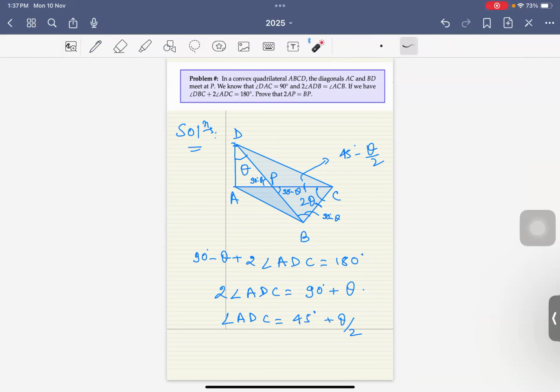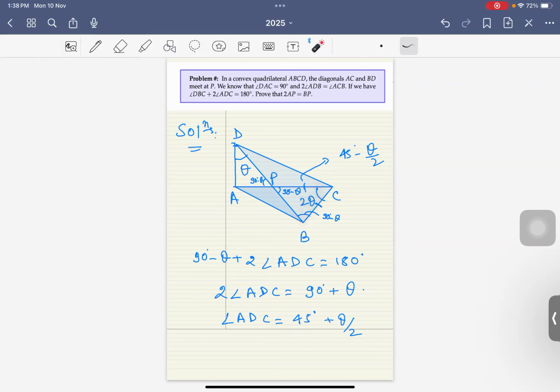Now you can see that this is 45 degrees minus theta by 2, this is 2 theta, this is 90 degrees minus theta. Using the angle sum property, this angle plus this angle must be 180 degrees. This angle is 90 degrees minus theta and this is 2 theta, so they add up to 90 degrees plus theta.